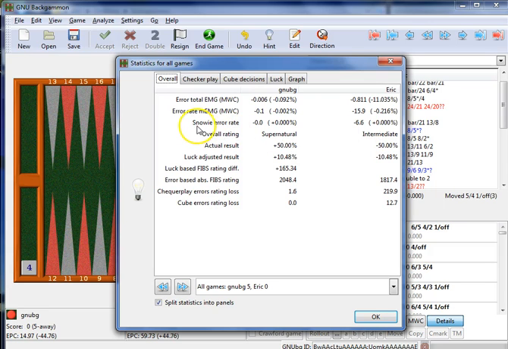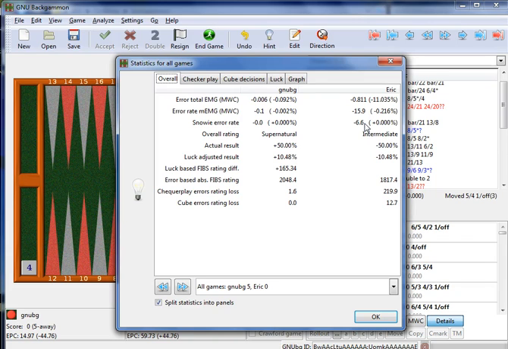But more important, the thing that people talk about a lot is the error rate. This is the Snowy error rate. Snowy was a computer program that came before GNU BG, so it piggybacked on that, and it shows you the Snowy error rate. My Snowy error rate in this match was minus 6.6.